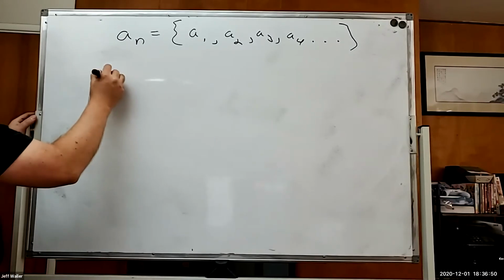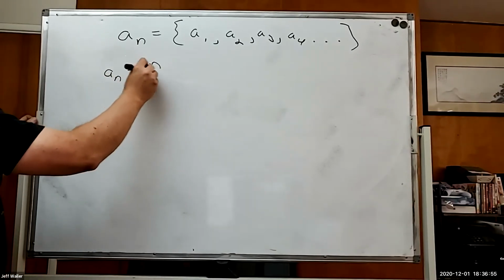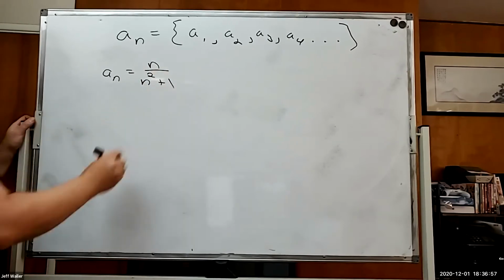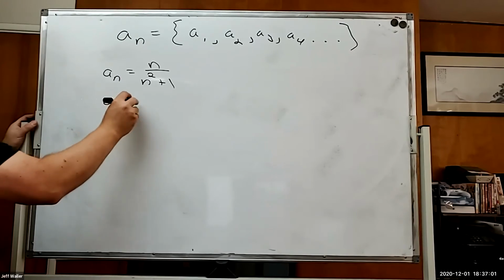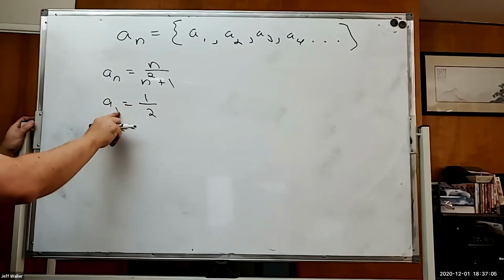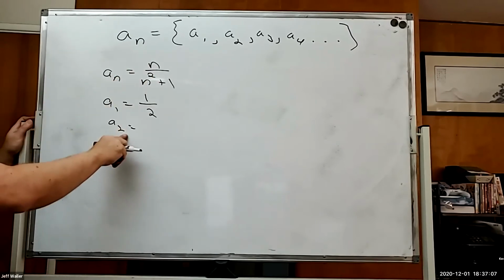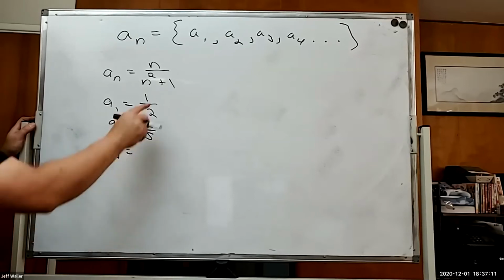I can have a sequence defined as a function, and then I can figure out what the elements of that sequence are. The first one, n is 1, second one, n is 2. Isn't that insane? Third one, n is 3.